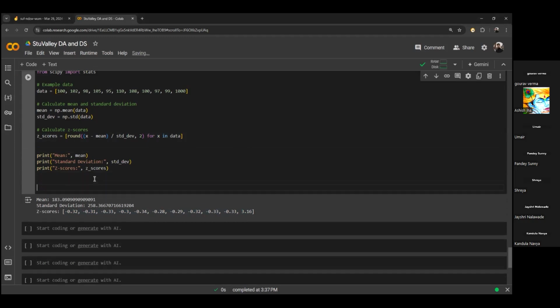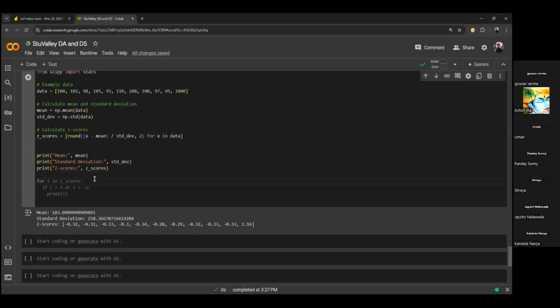You can write the code also. For i in your z score, you can write if your i is greater than 3 or less than minus 3, then we will not print the i, we will say that there is some outliers in our data.